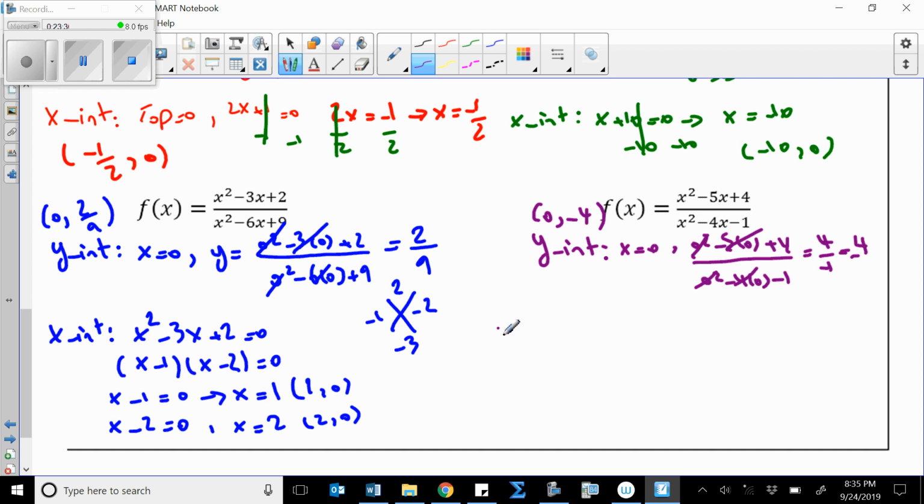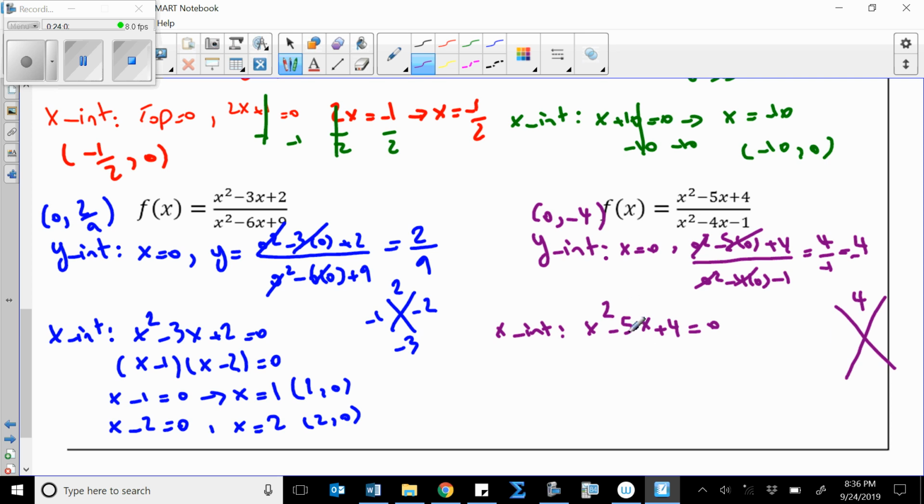Now, what is my x-intercept? Just set the top equal to 0. X squared minus 5x plus 4 equal to 0. Now we need to factor this. Big X. On top goes a times c, which is 4.